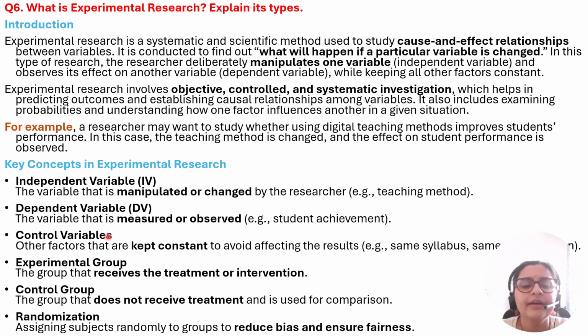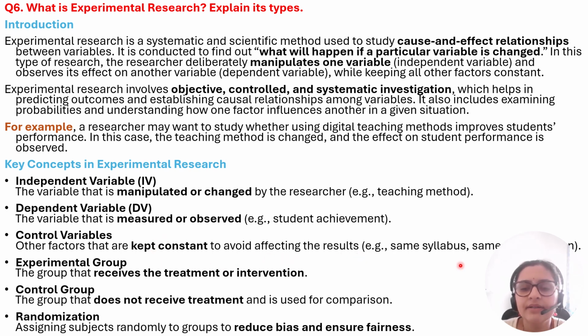Dependent variable is the variable that is being measured or observed, like the teaching method is the independent variable that is changing, and the effect on students' performance is the dependent variable. Then control variables are other factors that are kept constant to avoid affecting results.